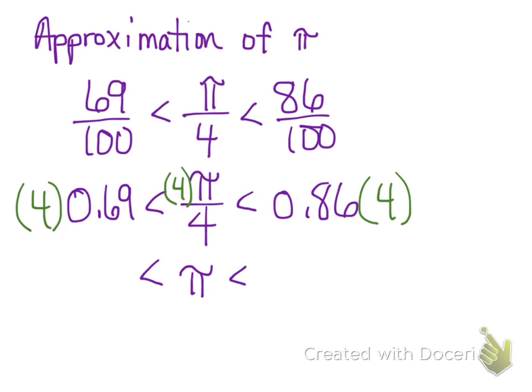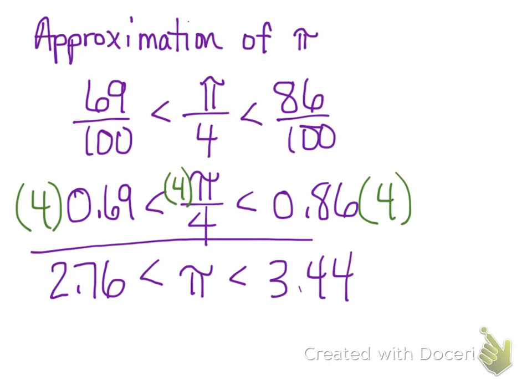So 4 times 69 hundredths is 2.76, and 4 times 0.86, or 86 hundredths, is 3.44. All right, so by counting, does this seem reasonable?